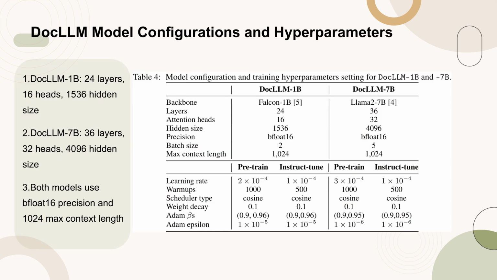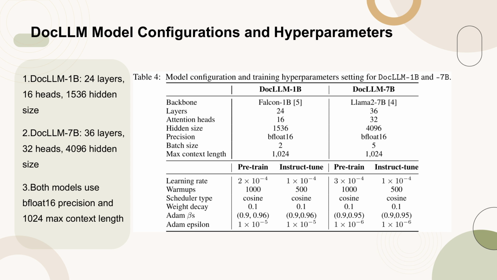Table 4 details the model configuration and training hyperparameters for two variants of DocLLM, DocLLM 1B and DocLLM 7B. DocLLM 1B, based on the Falcon 1B architecture, consists of 24 layers, 16 attention heads, and a hidden size of 1,536.